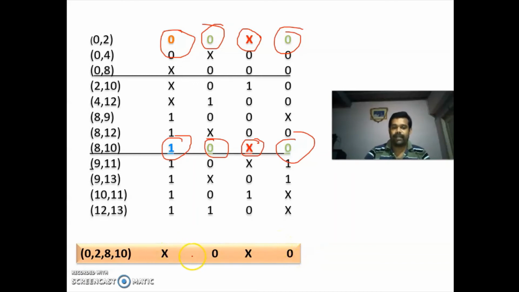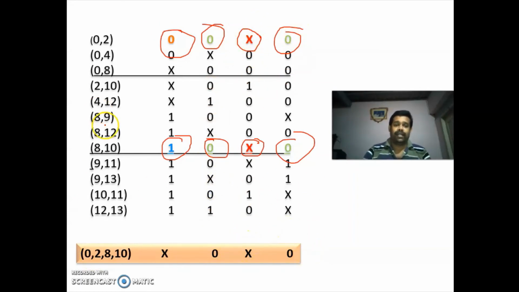So the expression we will be getting is x0 x0, because the first digit is changing. Here you are having 0 and here you are having 1, so we have put an x. Next one same, next one x same, next one 0.